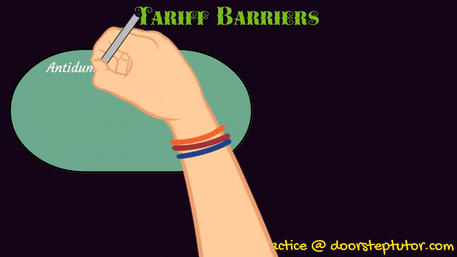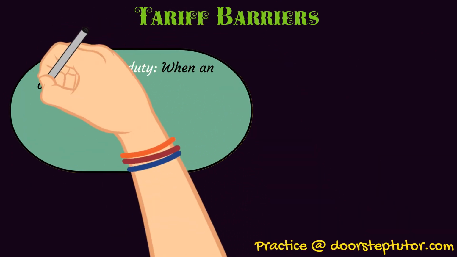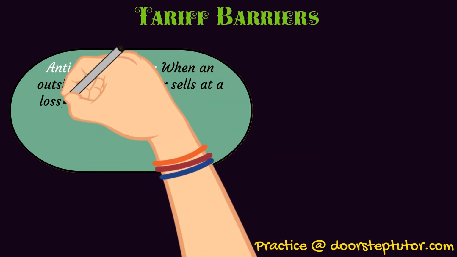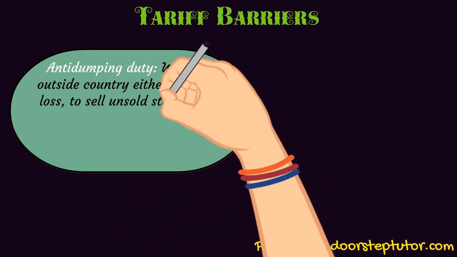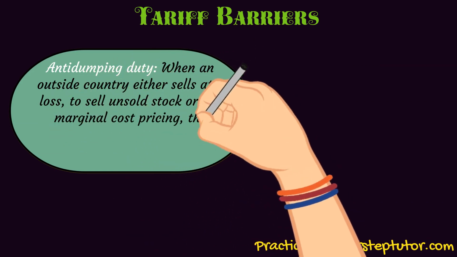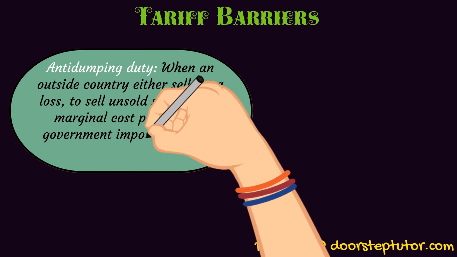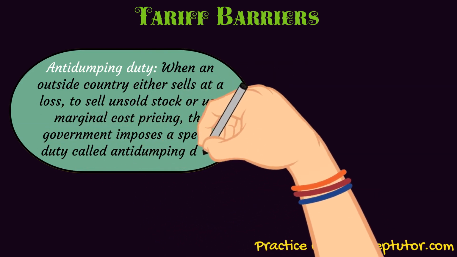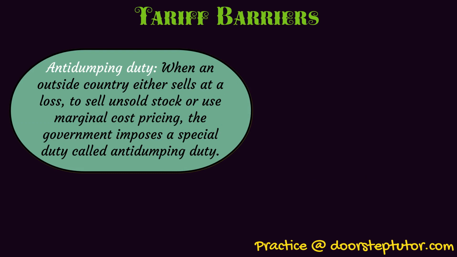Then there is a very important duty, anti-dumping duty. See, sometimes it so happens that an outside country either sells at a loss to reduce or eliminate the competition, which is also known as predatory dumping, or it sells unsold stock from its home market in the international market.